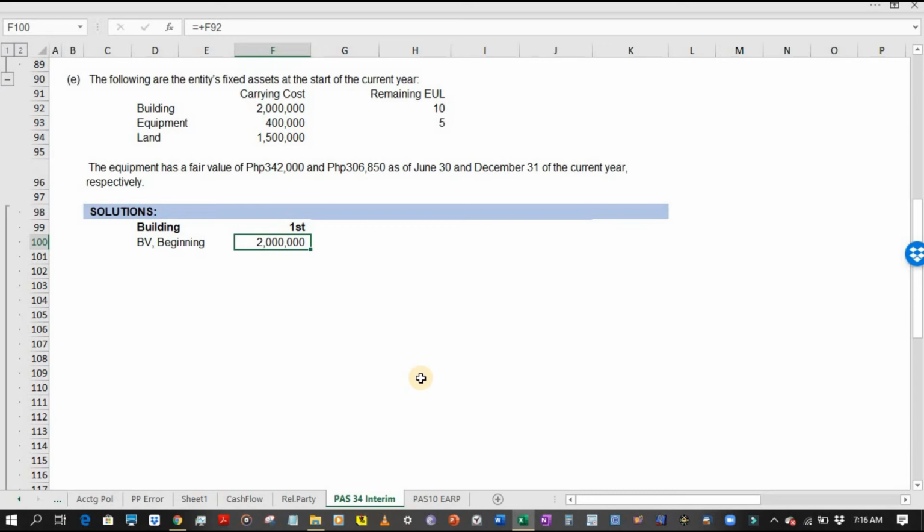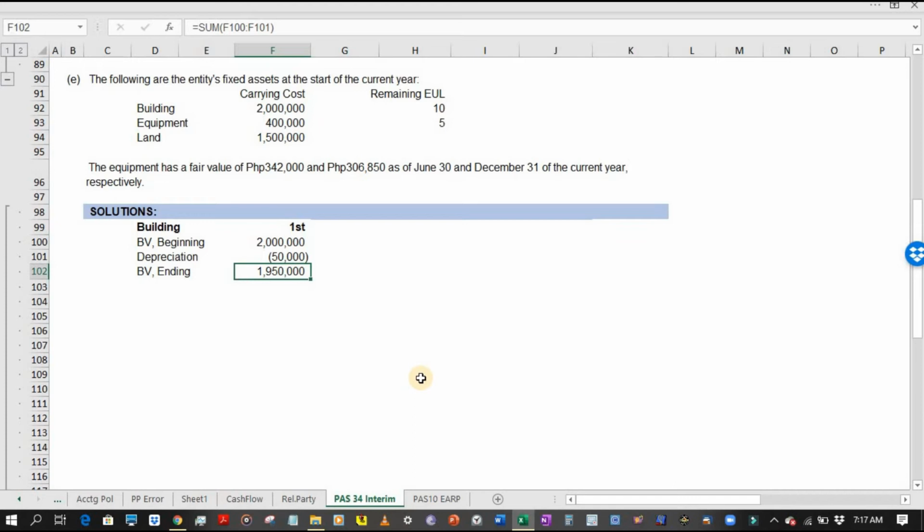The depreciation expense for the first quarter is 50,000 pesos, and this will be the amount that will appear in the income statement for the first quarter. The ending balance of the carrying value of the building as of March 31 of the current year, end of the first quarter, that will appear in the statement of financial position, is 1,950,000 pesos.